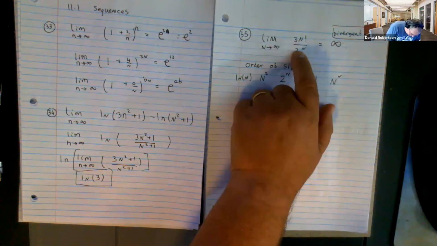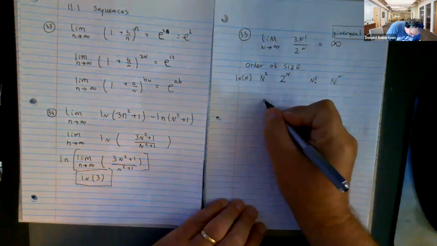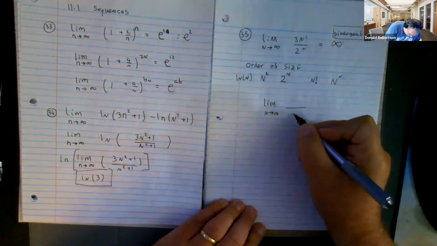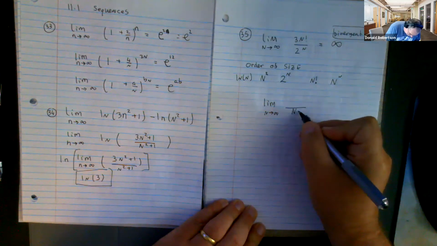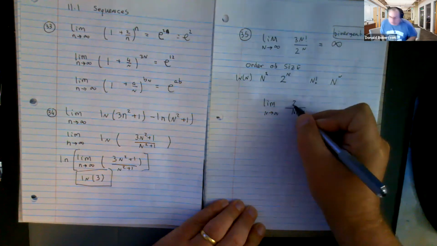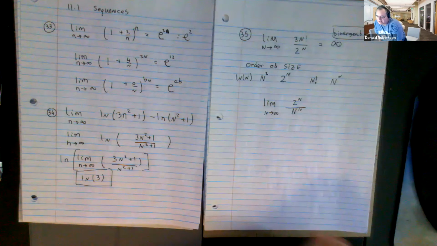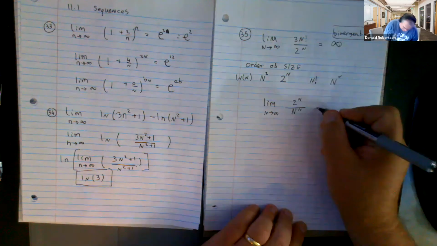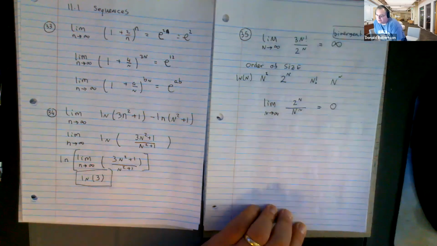If I give you this fella, wouldn't n to the n murder that fraction? And so in that situation, do you see the answer is 0?